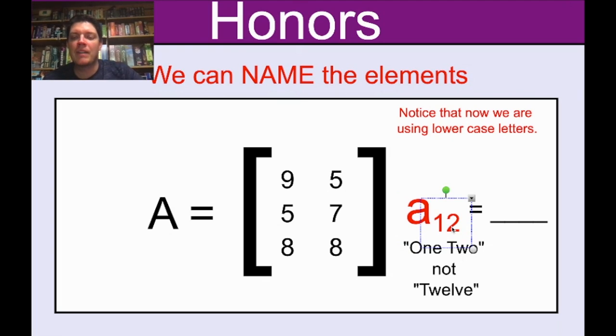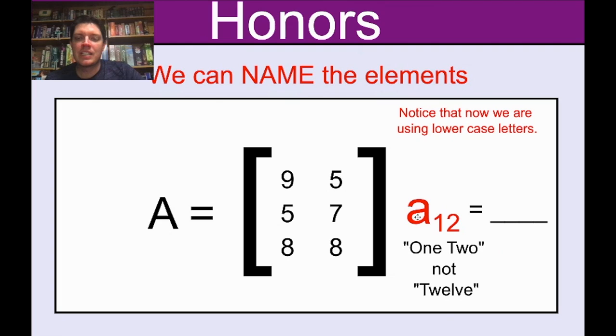And then we can have a subtext, a smaller text that goes down by the bottom. And so this looks like A12. I could see why somebody would think that's A twelve, but it's actually not read that way. This is read as element A1 2, not twelve.